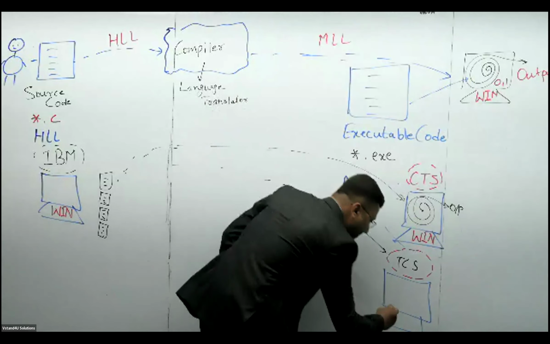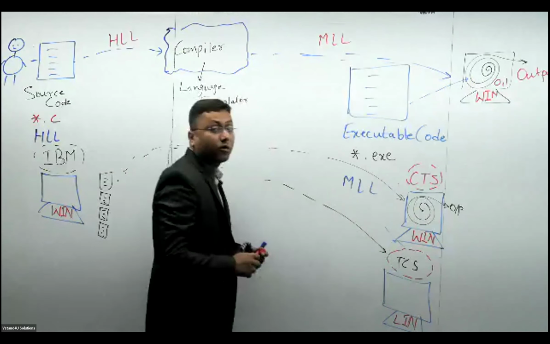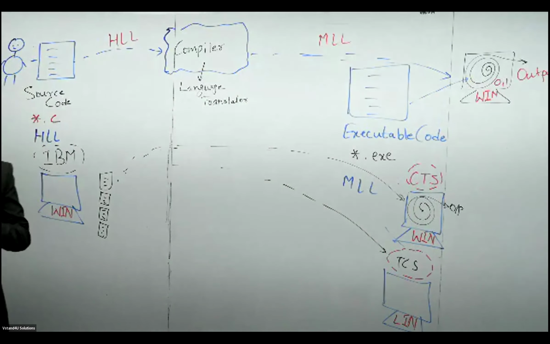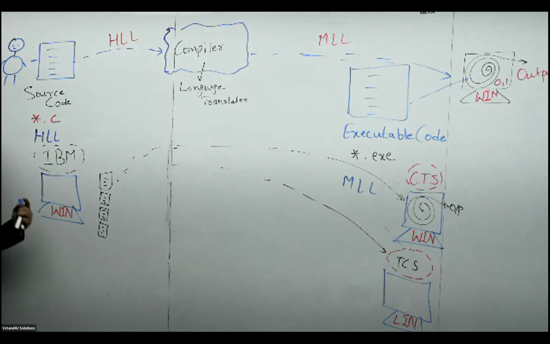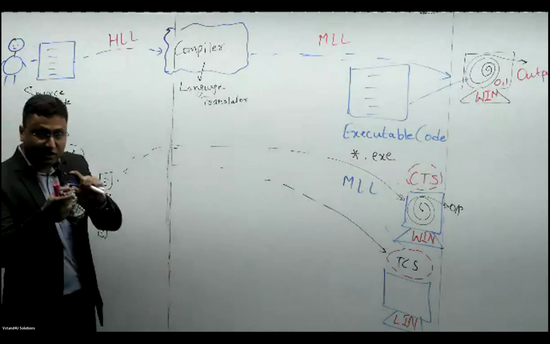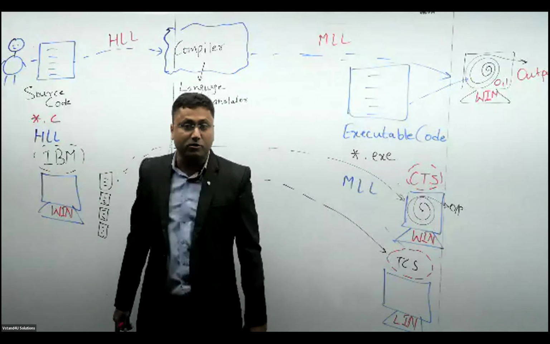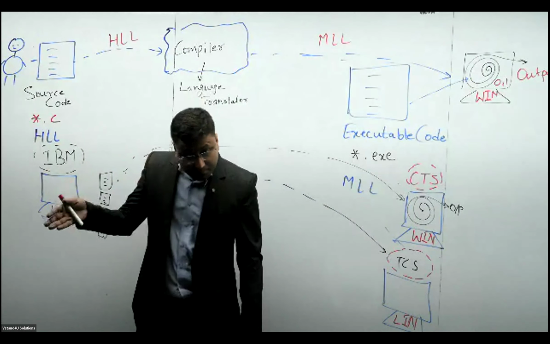The reason is their operating system is different. We built the application for the way the Windows operating system understands the 0-1 combination, and it must be the same for all the other operating systems also. Will it be the same?